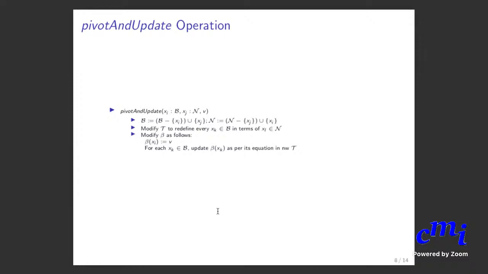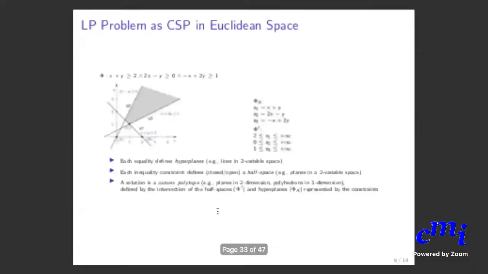And you modify beta by picking the value, because you always either bring it up to make it equal to the lower bound, or if it is above the upper bound, you bring it down to the upper bound, and you correspondingly determine that.